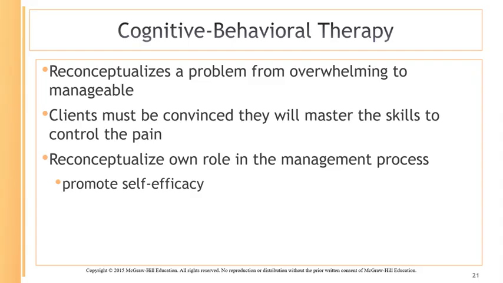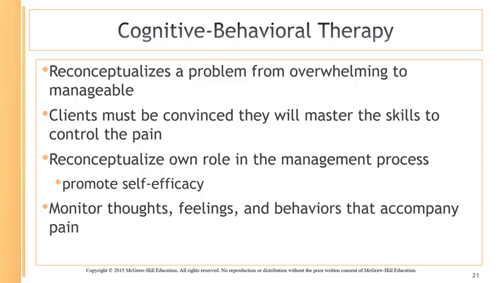In cognitive behavioral therapy, the goal is to promote self-efficacy in order to control pain through cognitive restructuring, such as reframing negative thoughts about the pain, and problem solving, such as defining pain-related problems and generating possible solutions. This would entail monitoring and tracking your thoughts, feelings, and behaviors that seem to produce the pain you're experiencing.